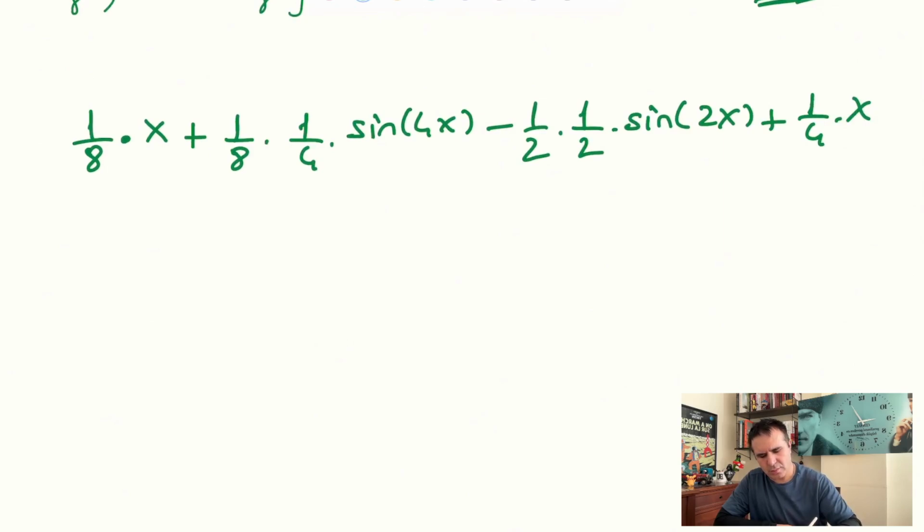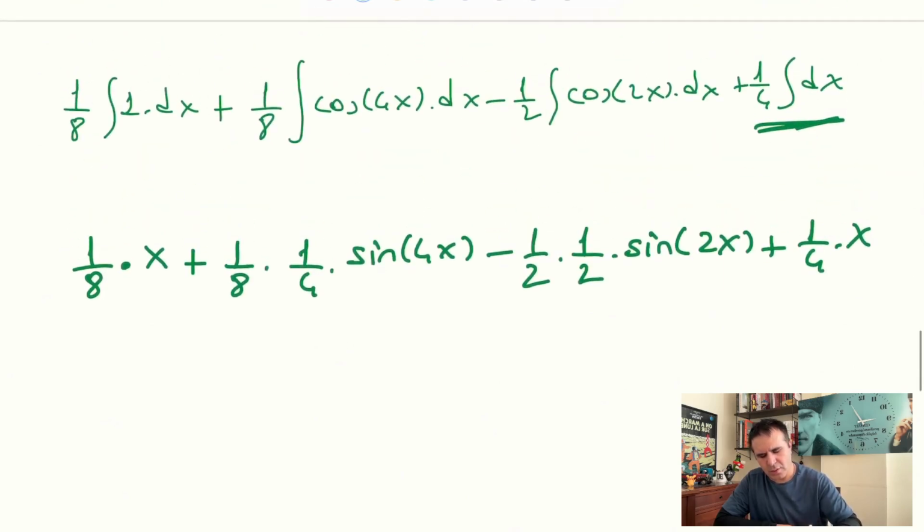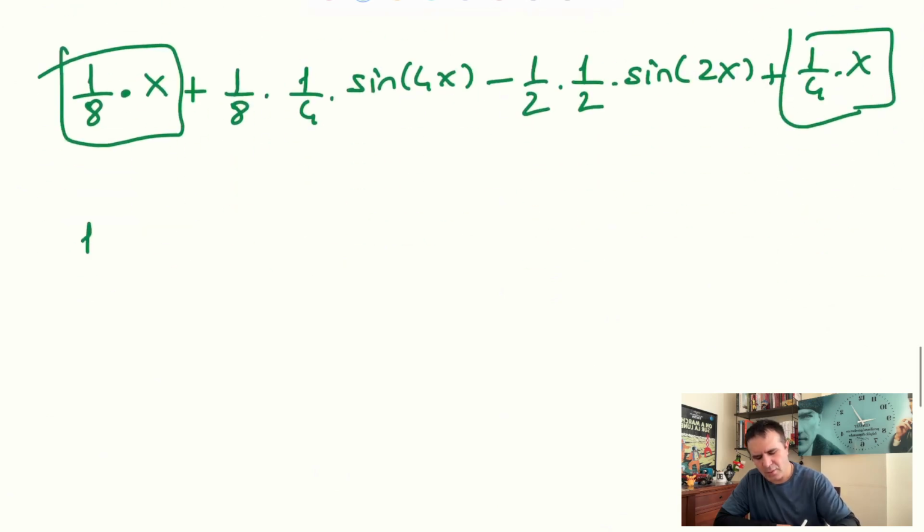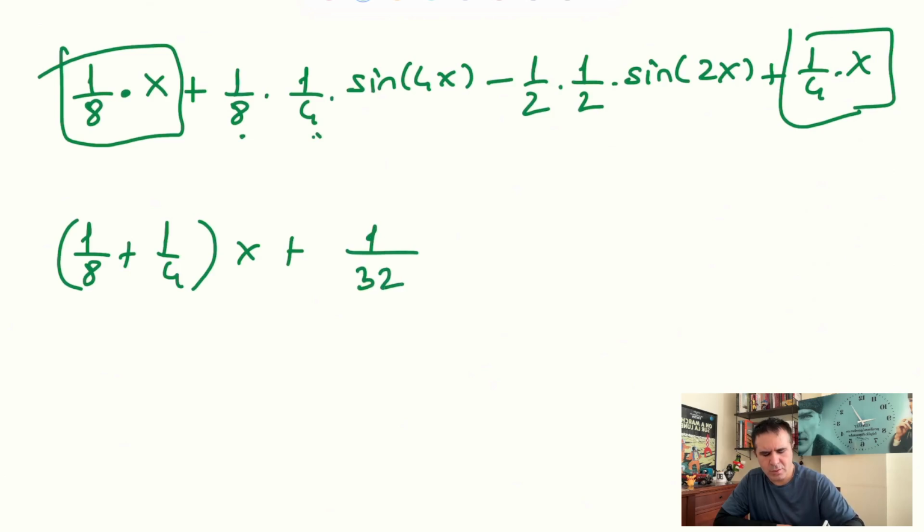So 1 over 8 plus 1 over 4 times x, plus 1 over 4 times 1 over 8, which is 1 over 32 times sine of 4x, minus 1 over 4 times sine of 2x.